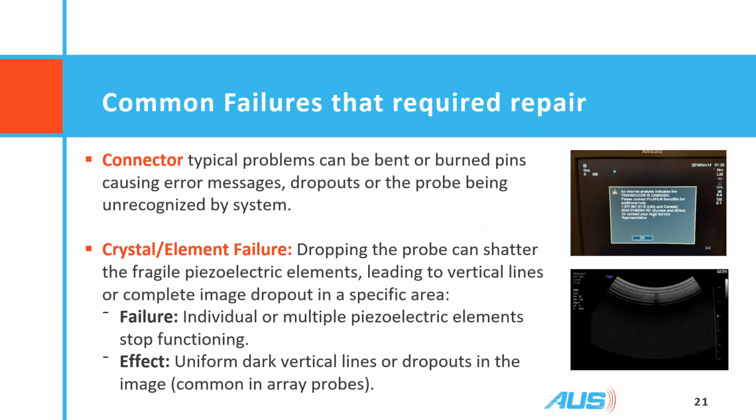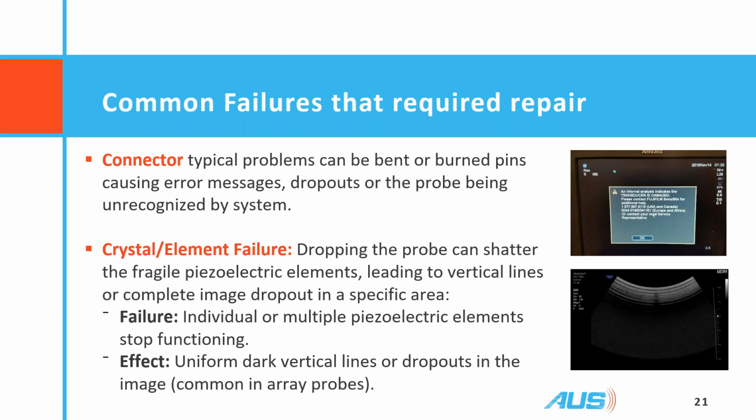The connector. Connectors can cause a variety of problems. You can have burnt pins, you can have bent pins, you can plug in a probe and have it kick an error message saying it's unrecognized by the system, or it just won't ID. Connector problems can be caused by dropping the connector, which may cause it to not ID.